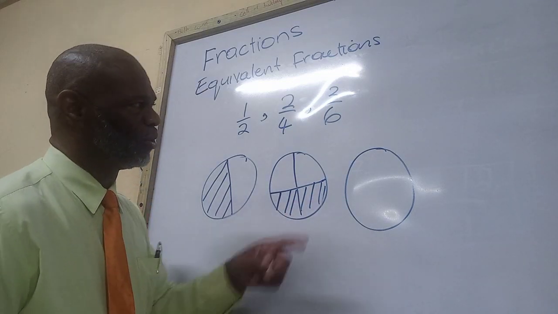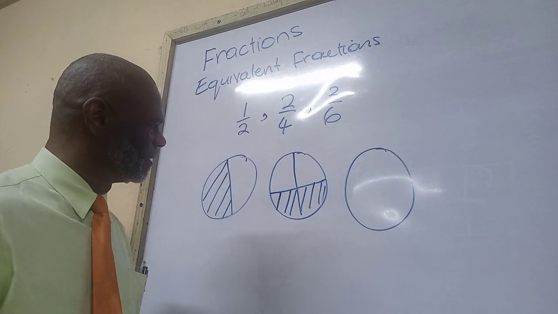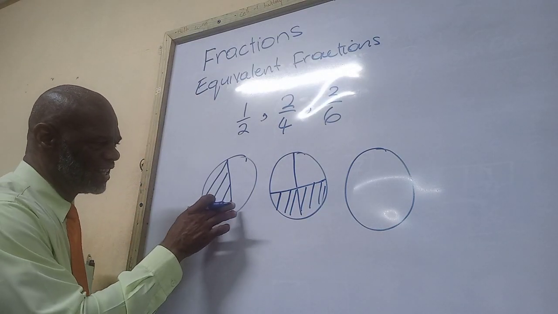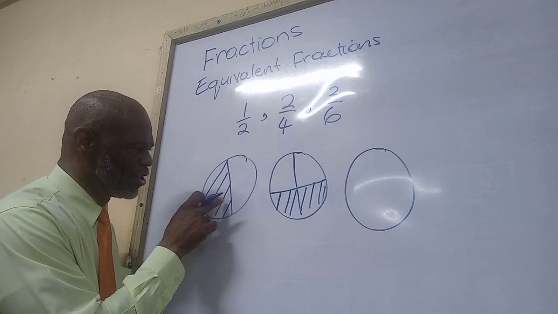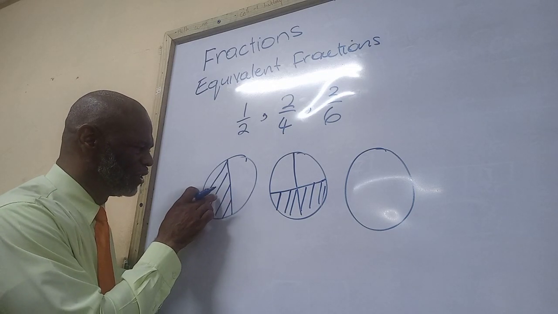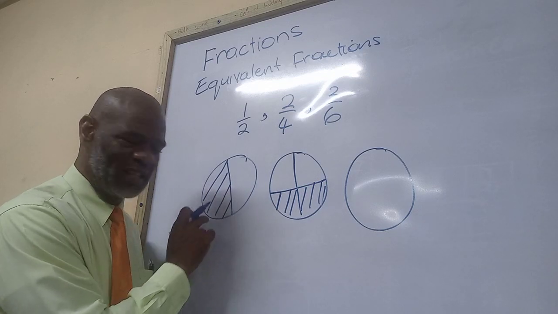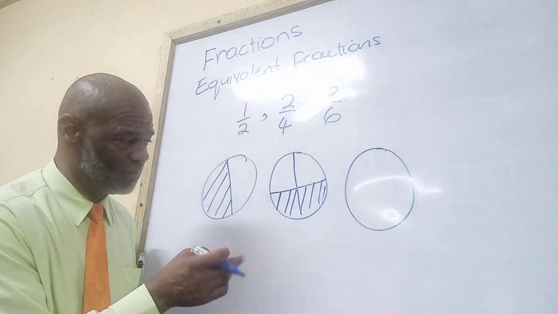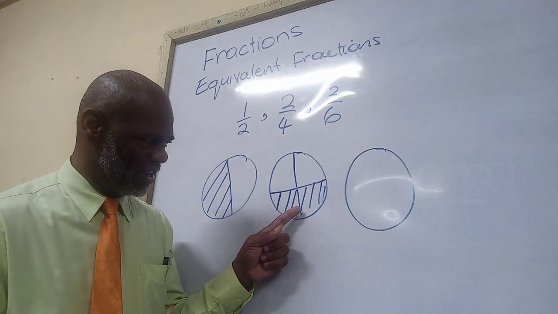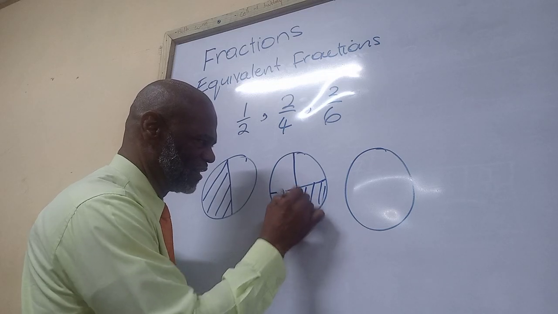Now what do you notice? If I give away half of this pizza, it means that if I give you this piece, I may take the piece over here, so the two of us get the same. Now look over here.